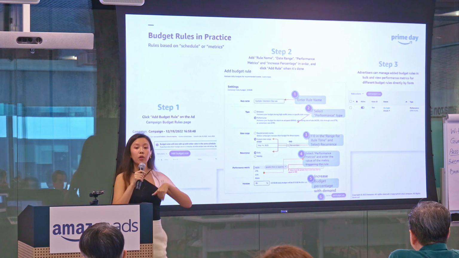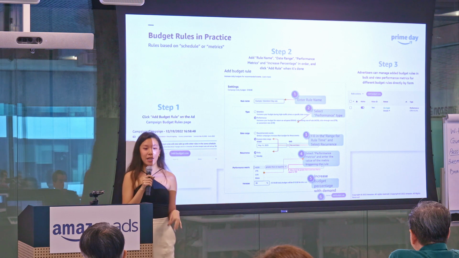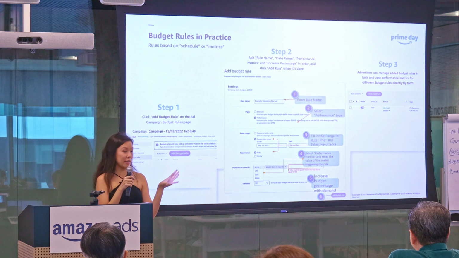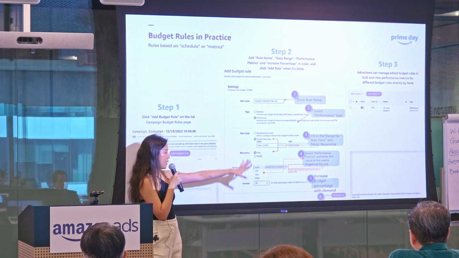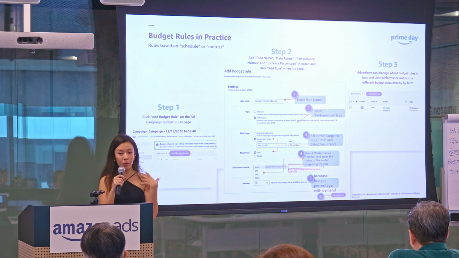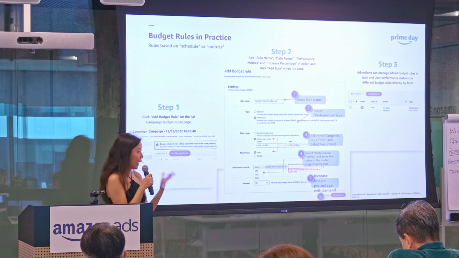If you went live with a campaign and it's getting a very, very high click-through rate, especially 1 week or 2 weeks before the event, then you might want to set a budget rule according to a click-through rate benchmark that you have from looking at your own campaigns.